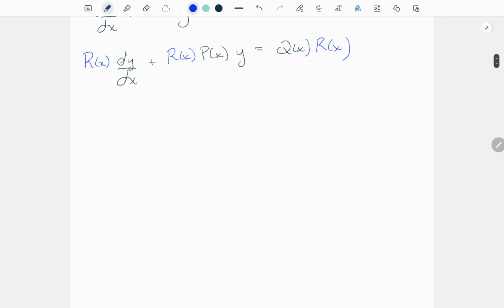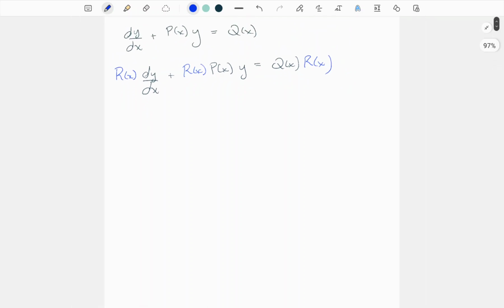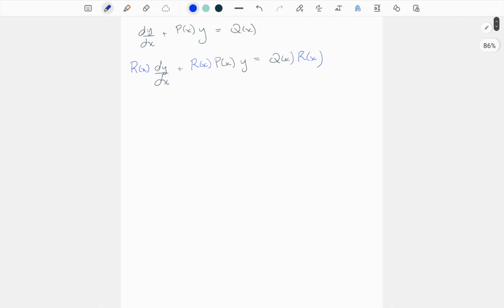So what do you notice here? Well, the insight into how to solve this type of problem is to recognize that if you look at the left-hand side of this equation, you're starting to see the product rule.